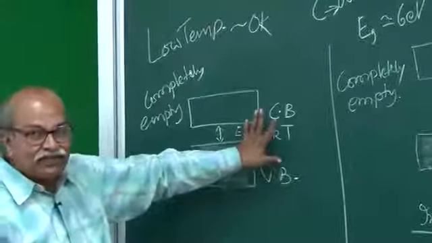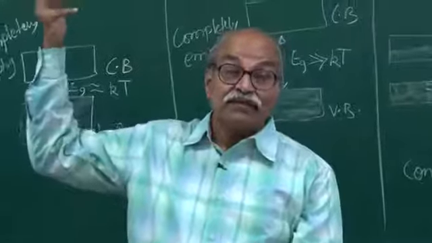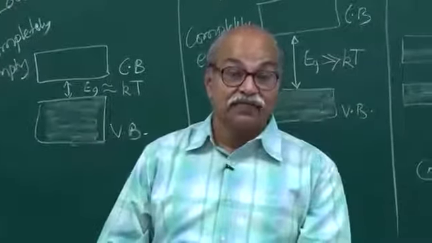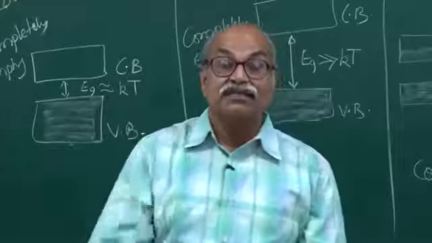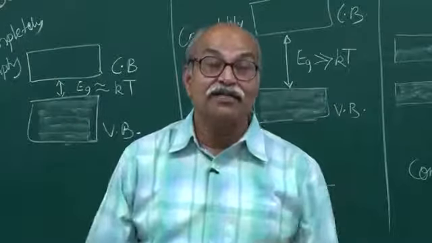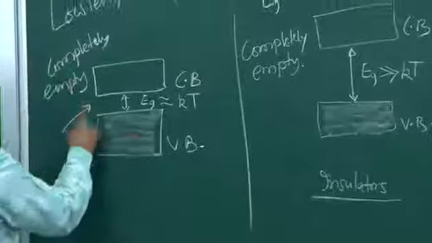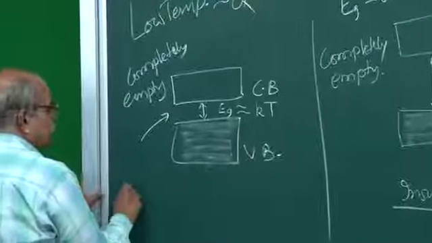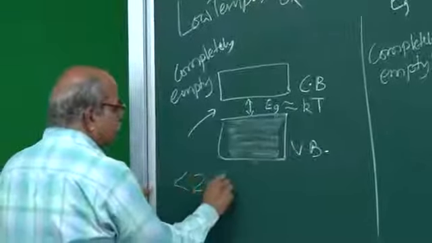So, because the number of particles is very large, 10 to the power 23 particles, even if the probability is as low as 1 in 10 to the power 10, there are 10 to the power 23 particles, so you will have a significant number of interactions in which the energy exchange will be 10 times kT or 20 times kT or 40 times kT and so on. So, anything, let us say, less than 2 eV or 3 eV is under this category.